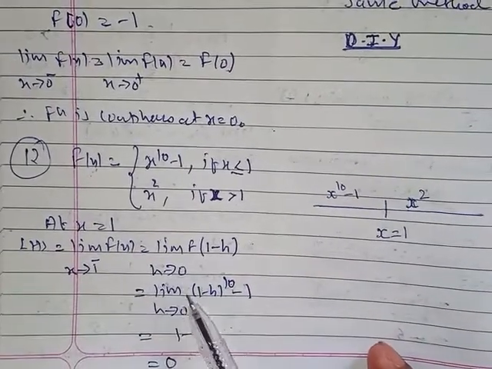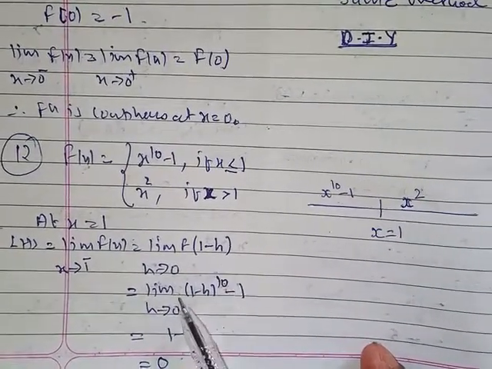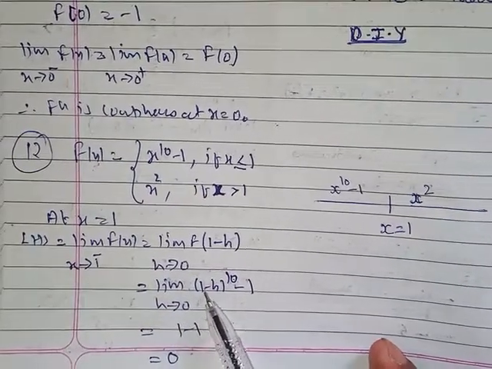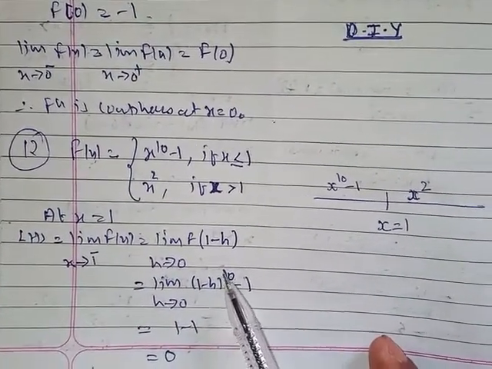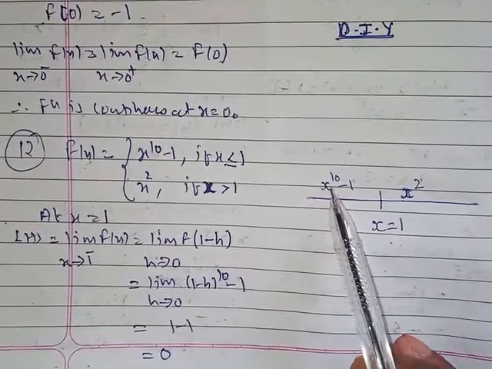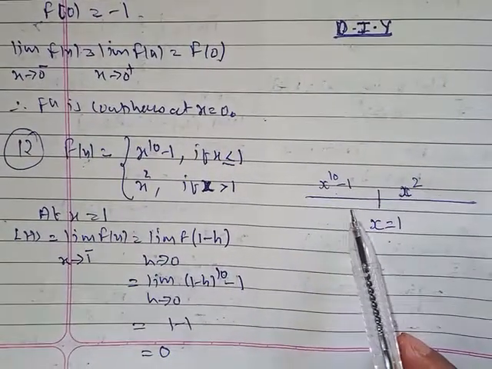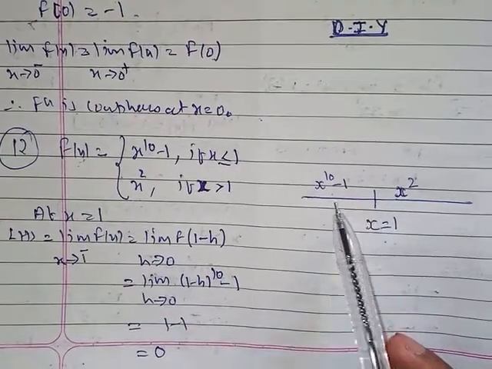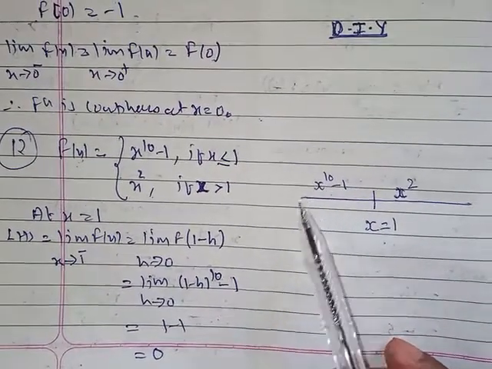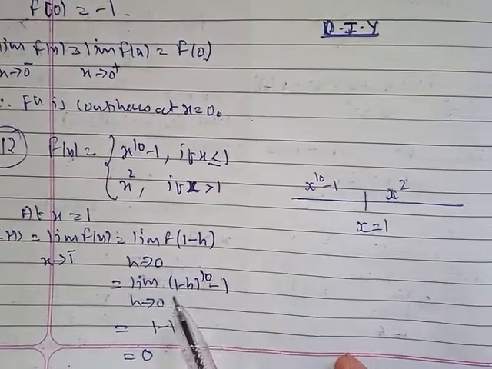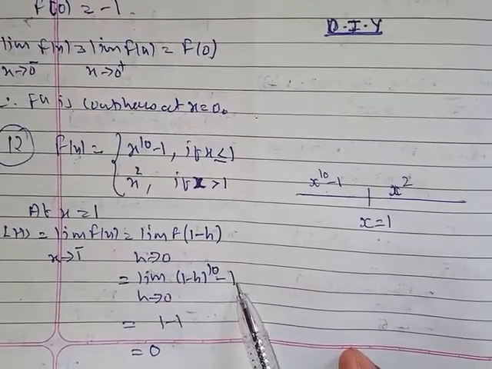Here, on the left hand side of 1, in place of x we write 1 minus h, so (1 minus h) raised to 10 minus 1.